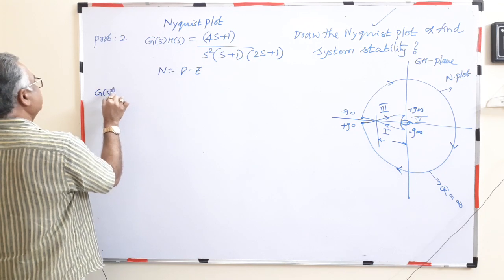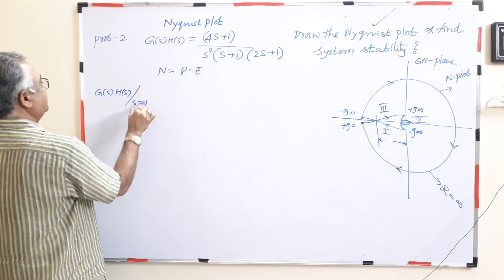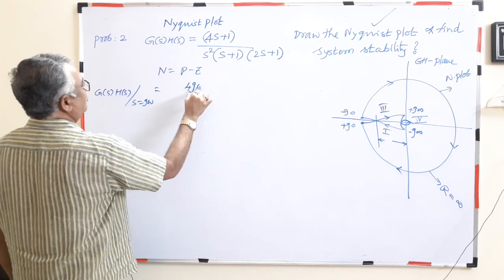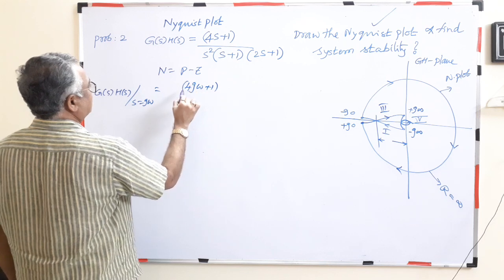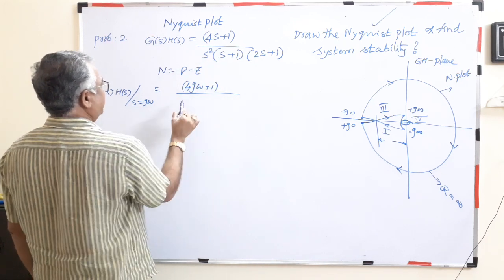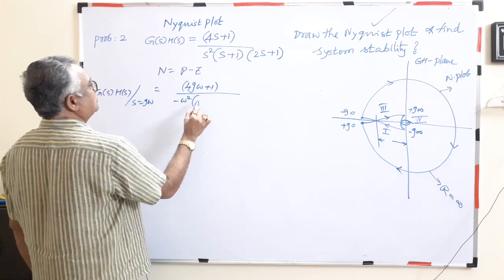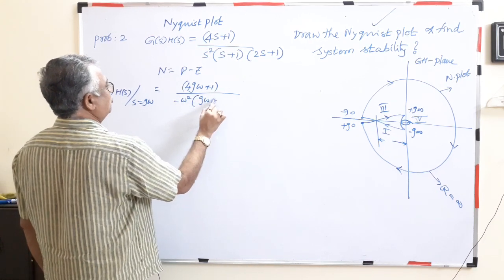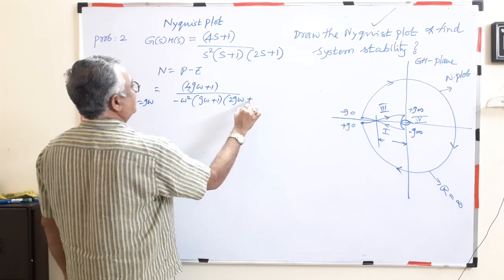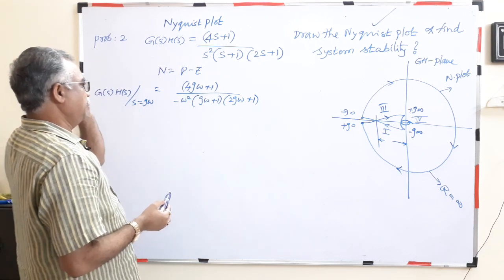Now G(s)H(s) at s equal to j omega: (4j omega plus 1) by (j omega) square, so minus omega square, times (j omega plus 1), times (2j omega plus 1). This we have to simplify.